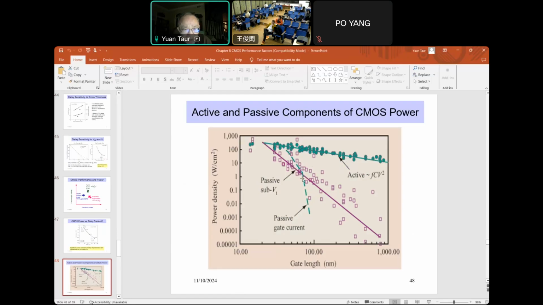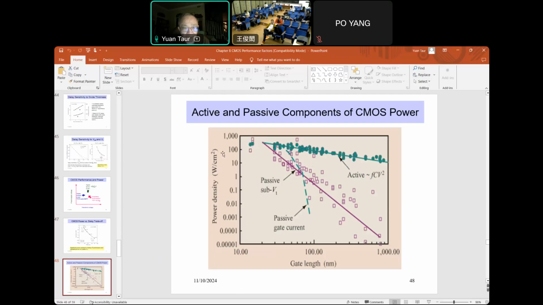In any case, we can see that the highest power we can handle is about a few hundred watts per centimeter square. That's all we can manage. Otherwise, standard low-cost packaging cannot carry the heat away from the chip.